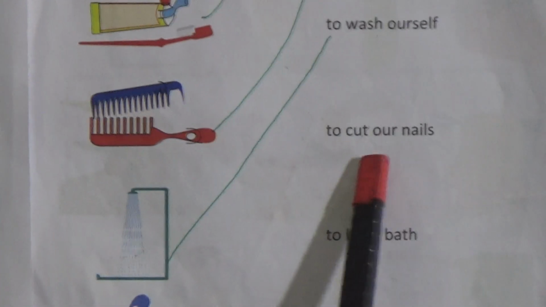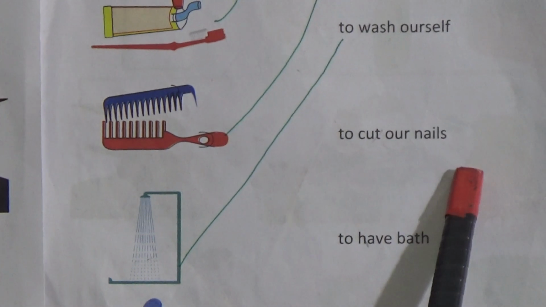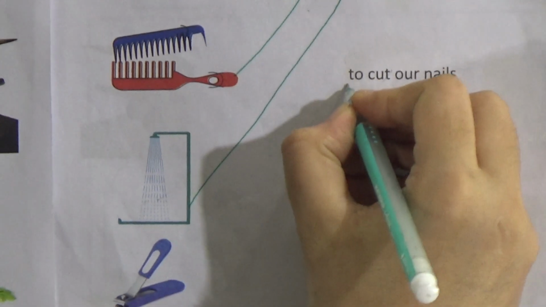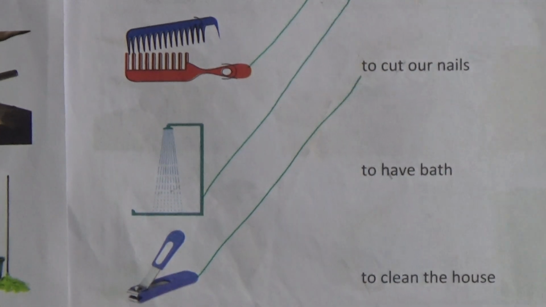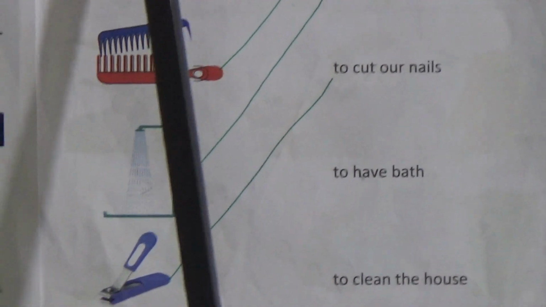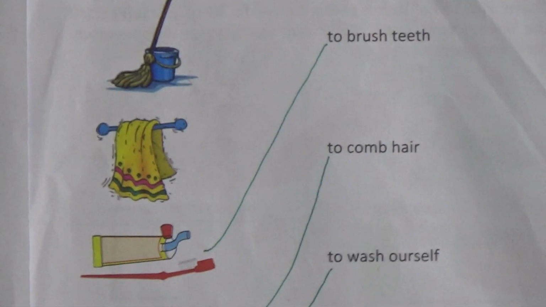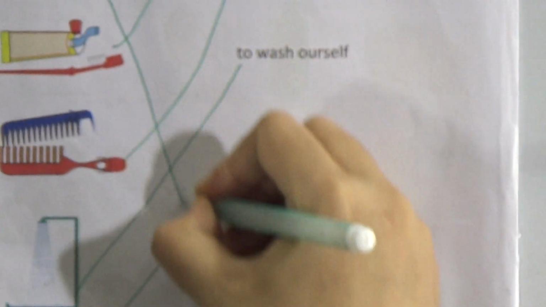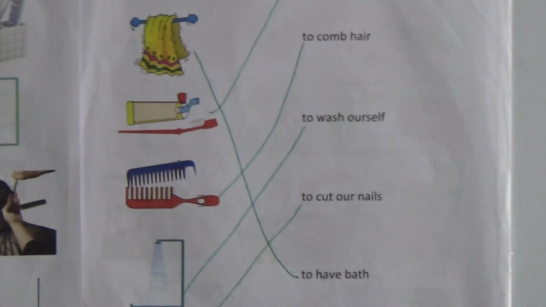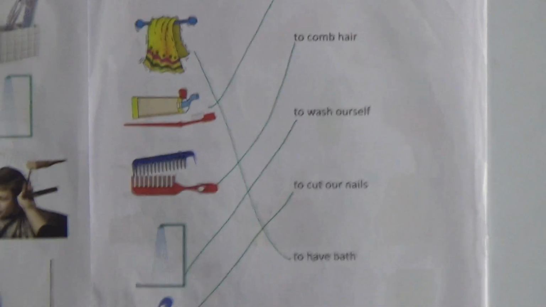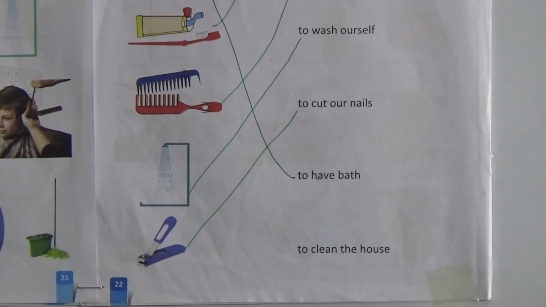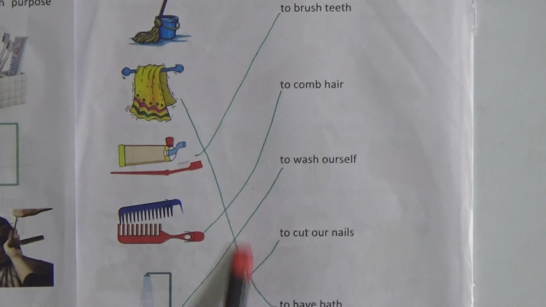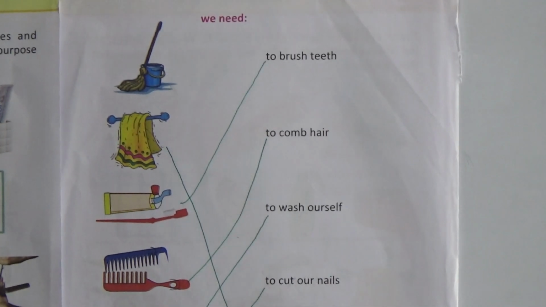And now to cut our nails, it will be matched with this nail cutter. And after bath we use a towel, so it will be matched with this towel. Now the last one. To clean the house, what do we use? Then we will match with this, to clean the house.